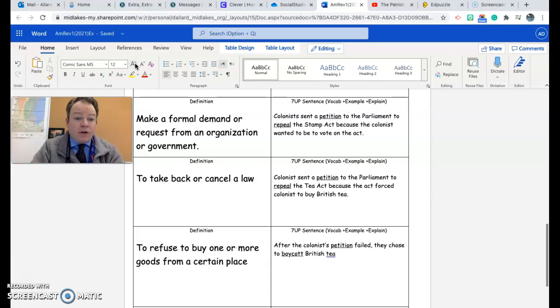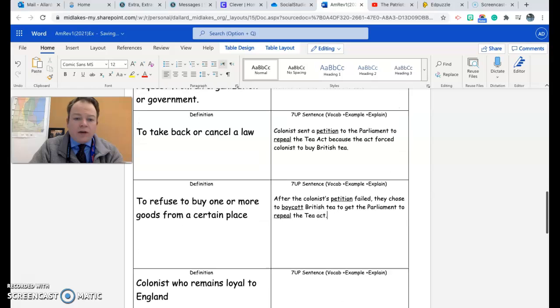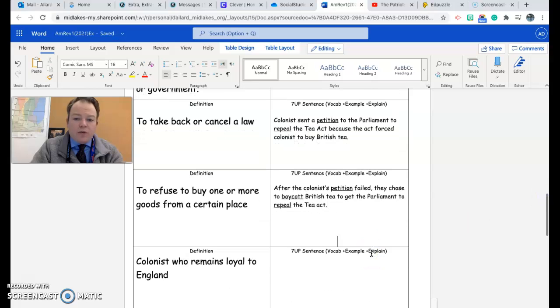Maybe we want to go with another bonus point, right? To get the Parliament to repeal the Tea Act. Now, some people may say, Mr. Allard, I don't really get how that's showing boycott.